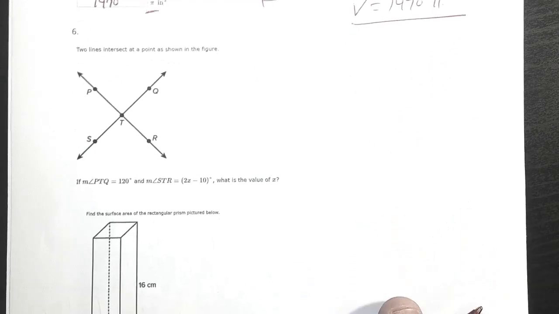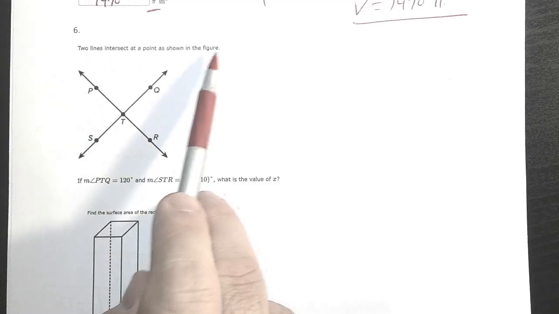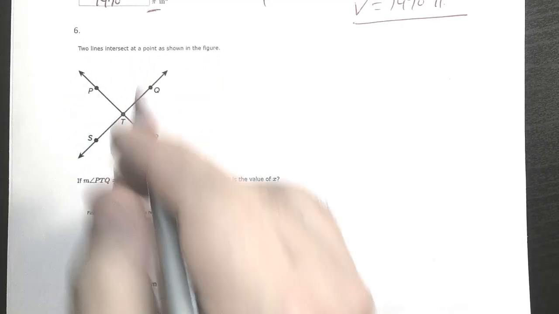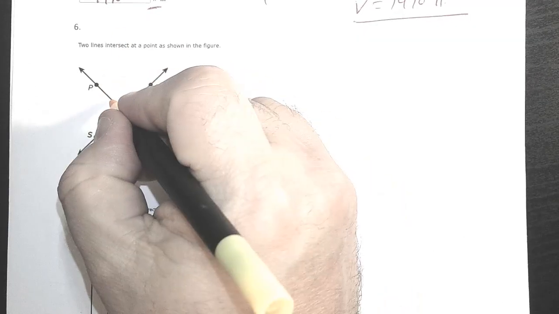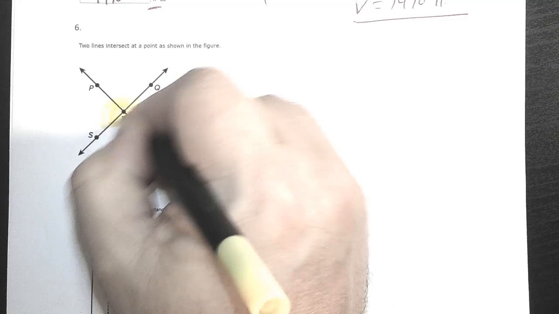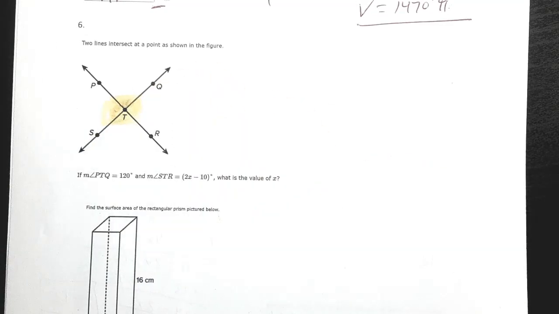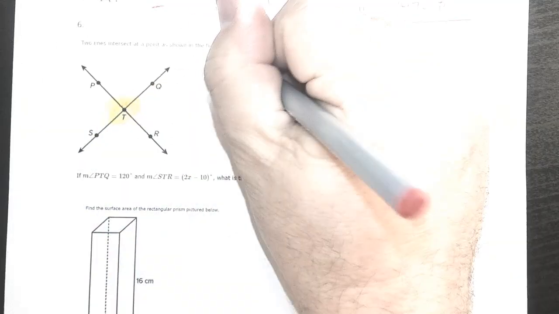All right, number 6. Two lines intersect at a point below. So remember, anytime two lines intersect and they make an X, those are vertical angles.